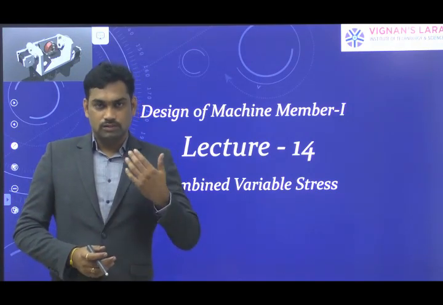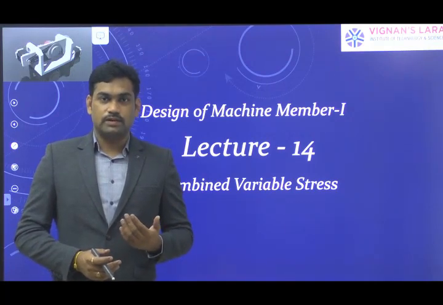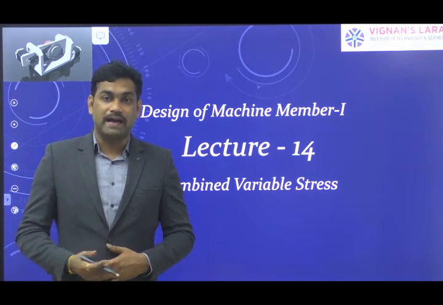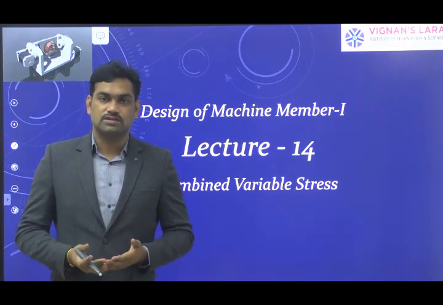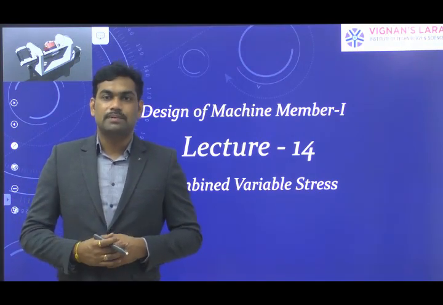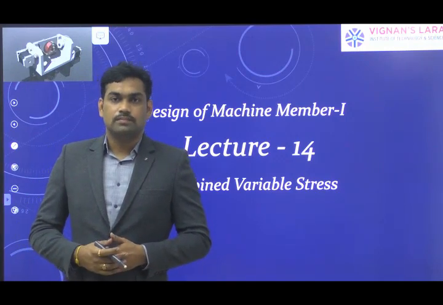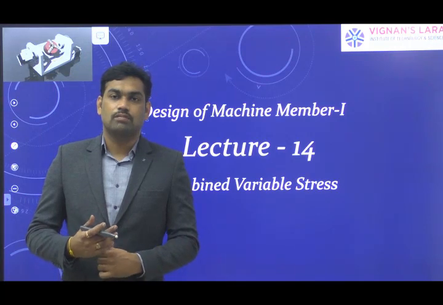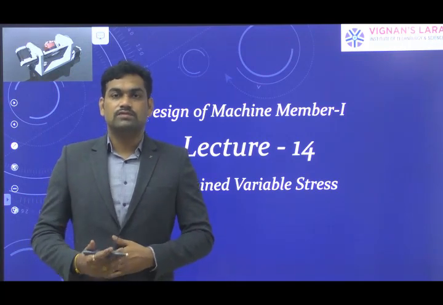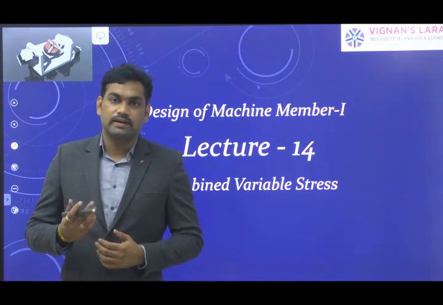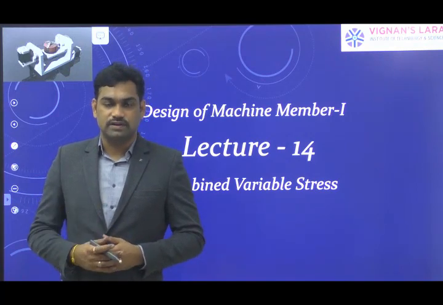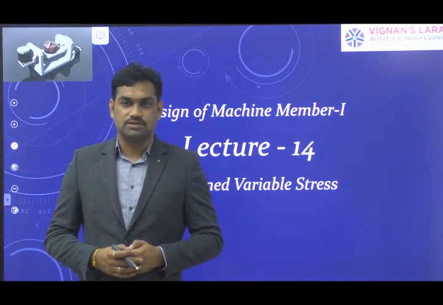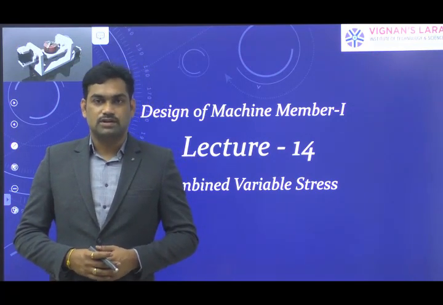Whenever stresses are produced in the machine components, we need to find the maximum stresses, that is the maximum shear stress as well as the maximum principal stress or maximum normal stress. Similarly, here also, whenever the machine component is subjected to both a fluctuating normal stress as well as a fluctuating shear stress, we can apply the maximum principal stress theory and maximum shear stress theory.